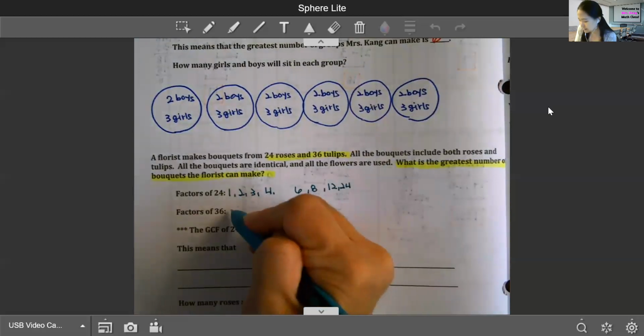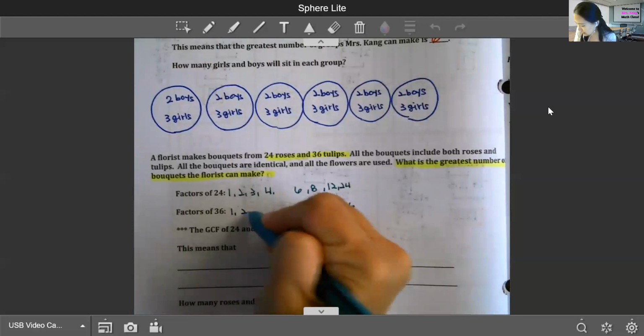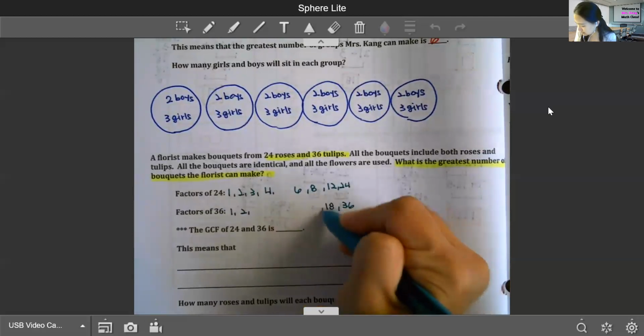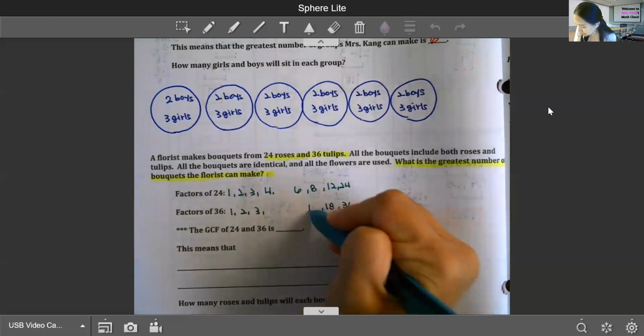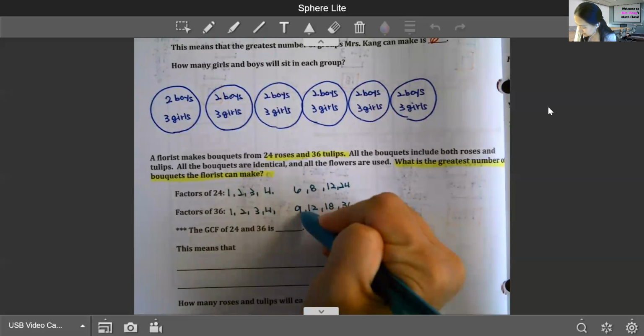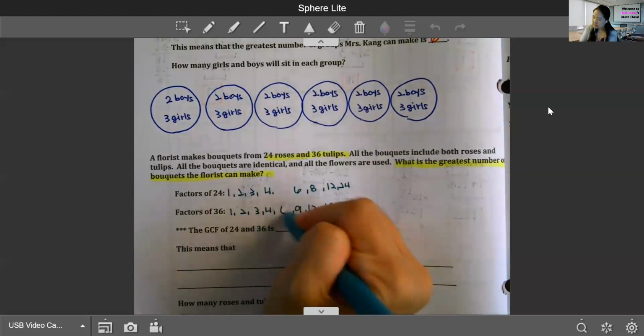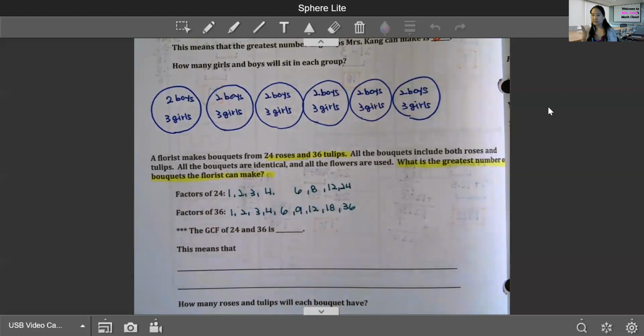Factors of 36, 1 and 36, 2 and 18, 3 and 12, 4 and 9, 5, no. Now 6 times 6 is 36, but you don't need to write it twice. You just say 6 is a factor of 36.